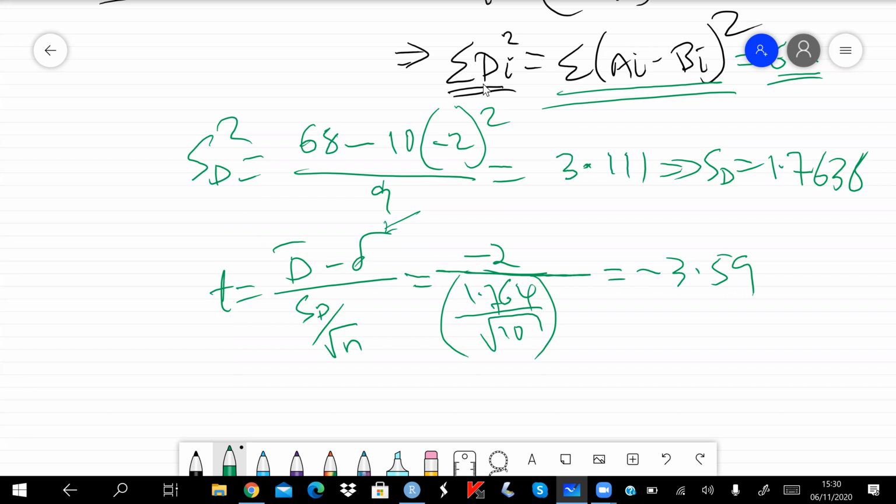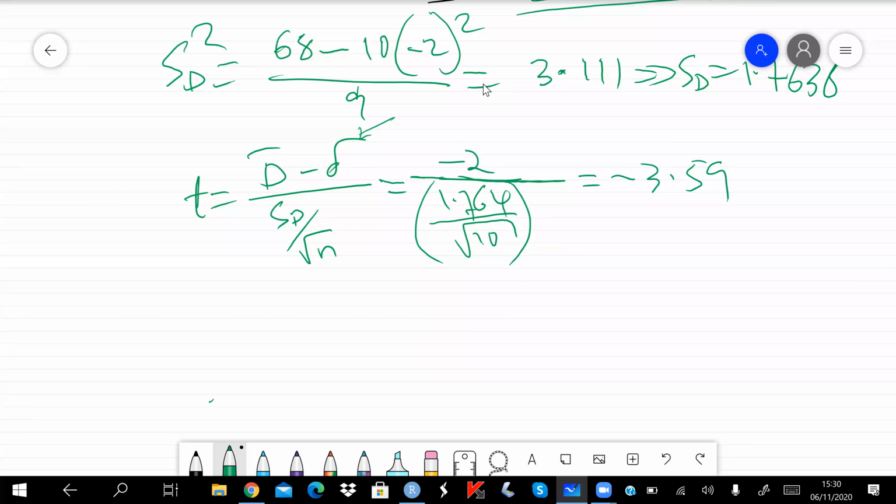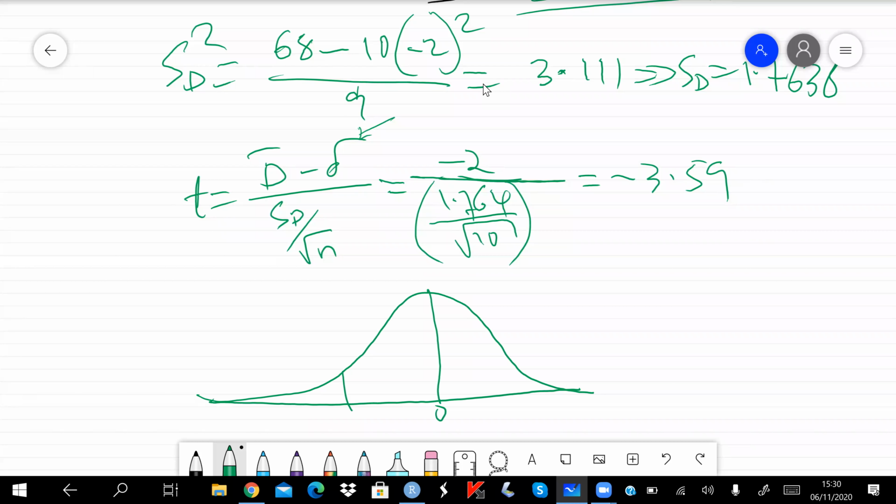Okay, so let's get the critical region. As we mentioned earlier, this will be a lower tail test, so you put the entire critical region on one side. Assuming alpha is 5%, because by default you use that, the degrees of freedom in this case will be 10 minus 1.